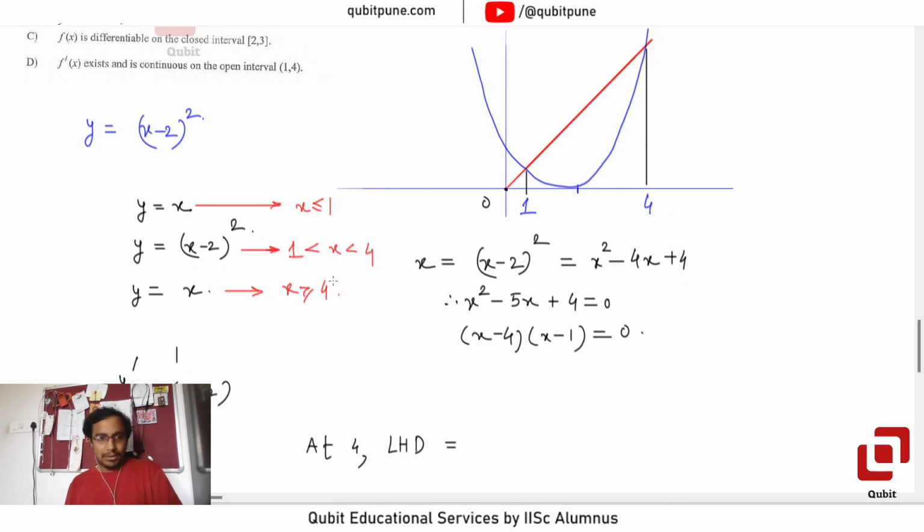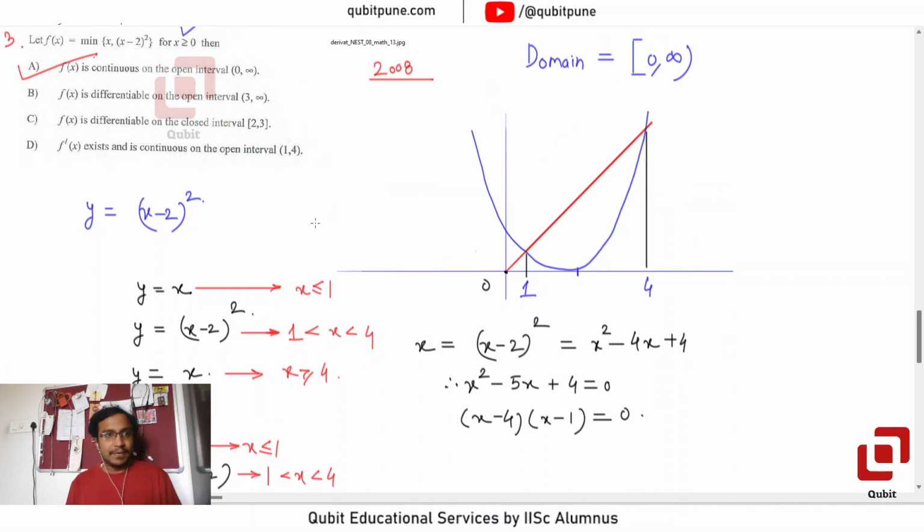At 4, the left hand derivative will be 2 into 4 minus 2, that is 4. And what is the right hand derivative? It is 1 actually. So again, this is for x less than or equal to 1, 1 less than x less than 4, and this is for x greater than or equal to 4. So clearly at 4 it is not differentiable, it is a corner there. So is it differentiable on the open interval 3 to infinity? No, as 4 belongs to this interval.